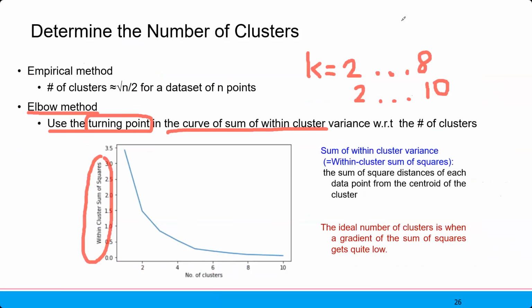You still remember the sum of squared errors. In k-means, we have the sum of squared errors, and we want to minimize it.